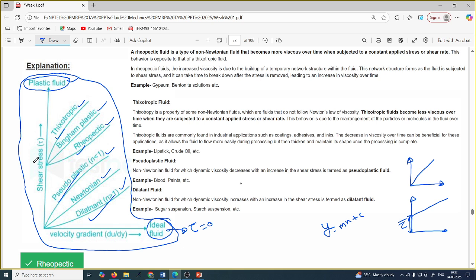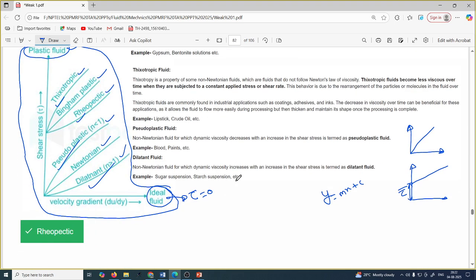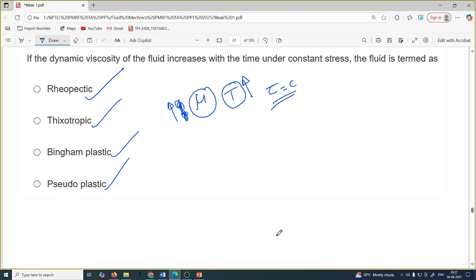Here you can see the shear stress is increasing for the rheopectic curve, but the question was about constant shear stress. So this plot is not comparable with the question. I don't know why it is given.